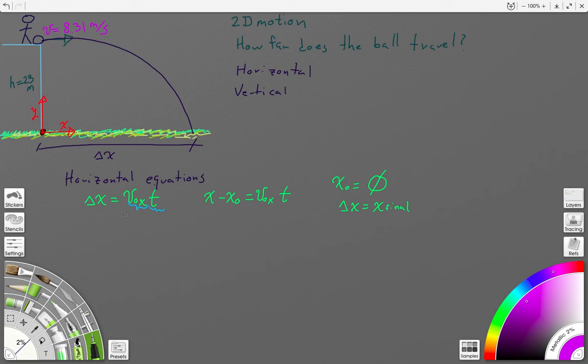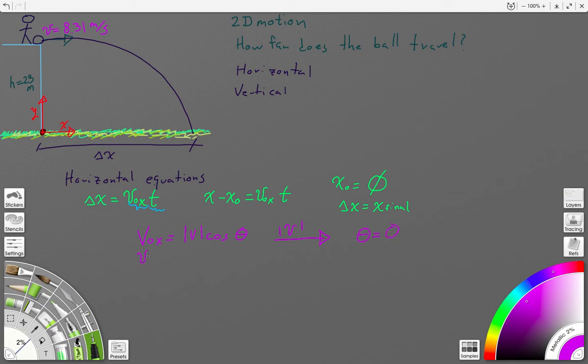Okay, so remember that Vox is equal to the magnitude of my vector times the cosine of the angle the vector forms with the horizontal. But since my velocity vector is strictly horizontal, then theta is equal to 0.